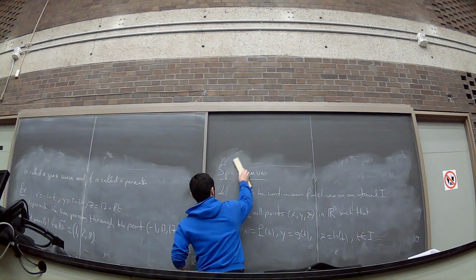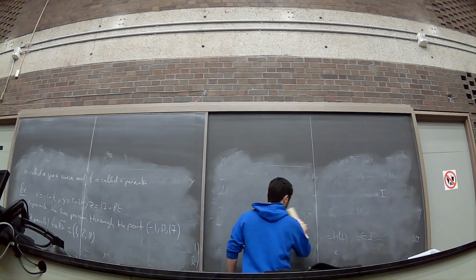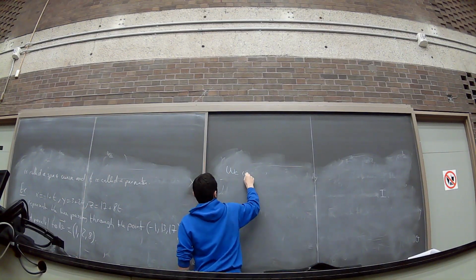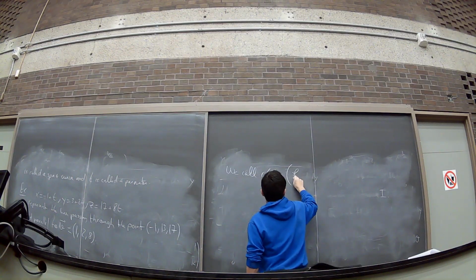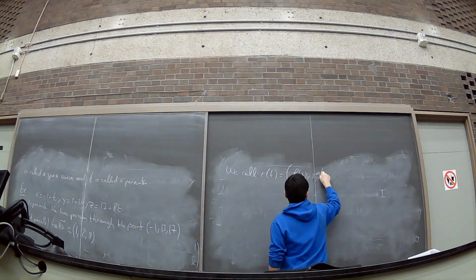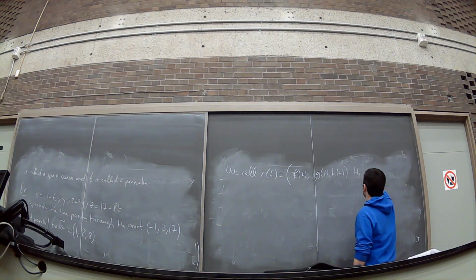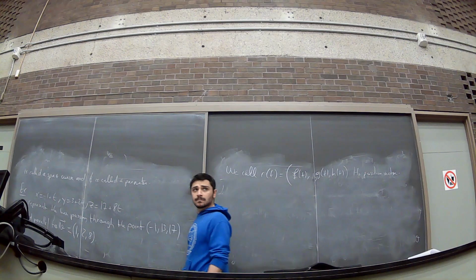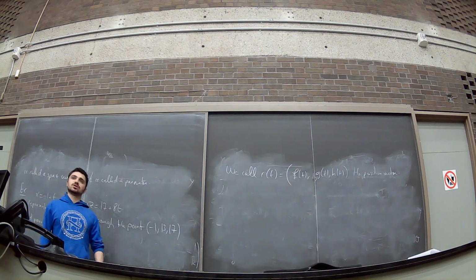Okay, so we call r of t, which is f of t, g of t, h of t, the position vector.